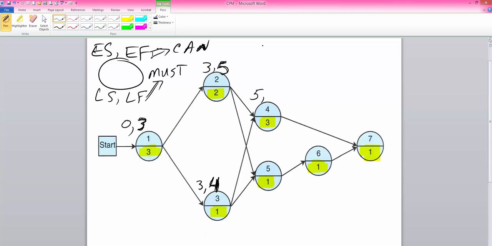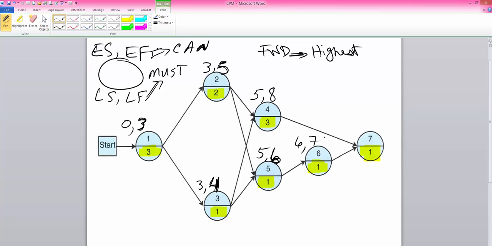So in our forward pass, the rule we just learned is that we pick the highest early finish time of predecessor activities for an activity that has multiple predecessors. 5 plus 3 is 8. For activity 5, the same logic applies, but now 5 plus 1 is 6. Activity 6, earliest start time is 6, which we take from over here and we use it.